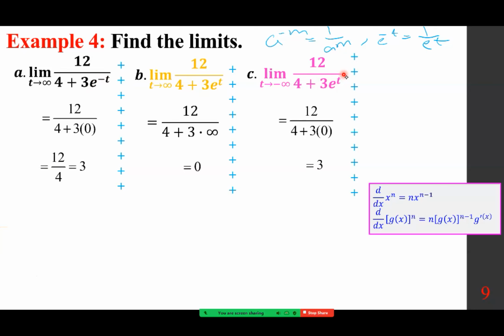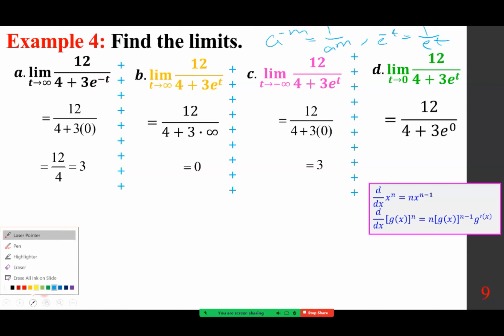So C becomes the same as A. Now we are going to replace the t with 0. And as you know, e to the power of 0 is 1. 12 divided by 7. 4 plus 3 is 7.